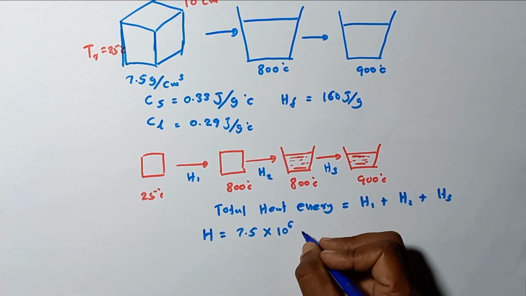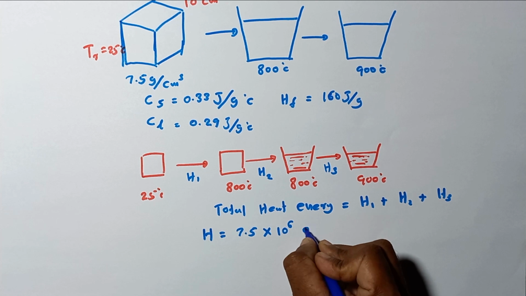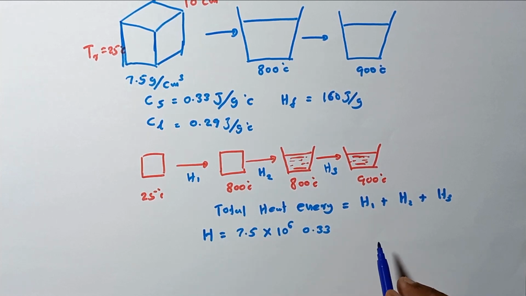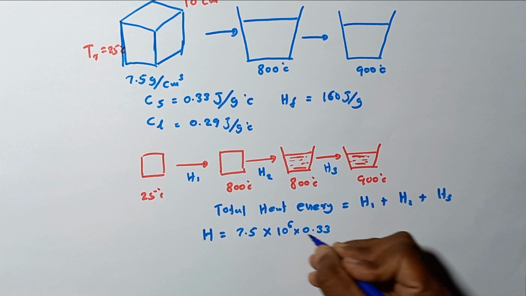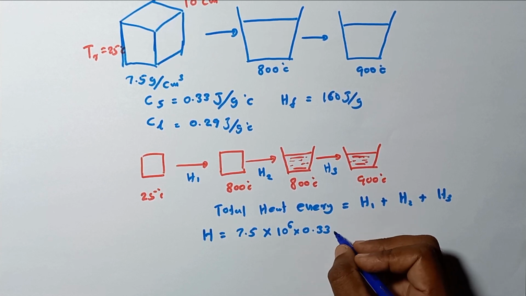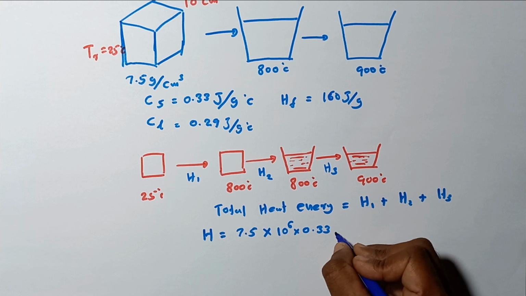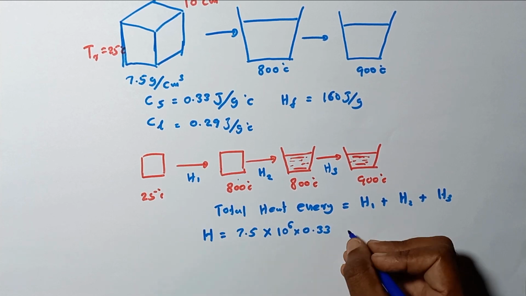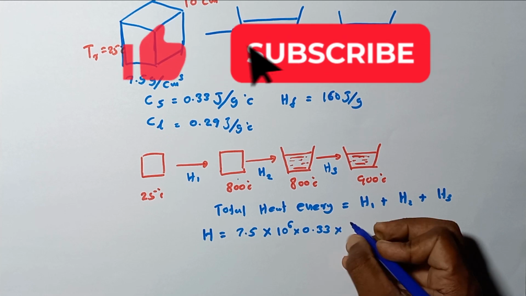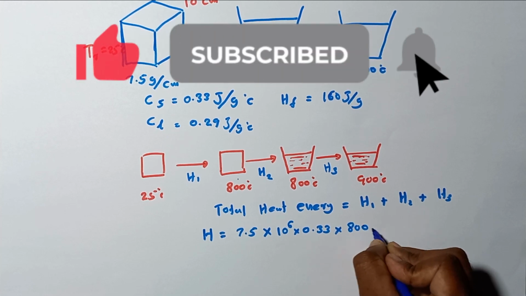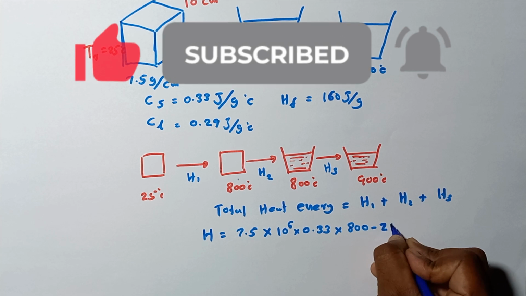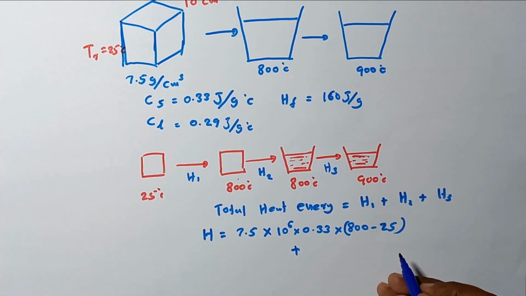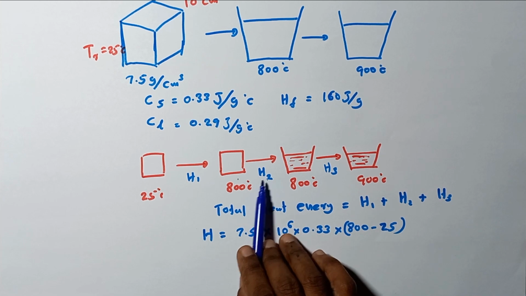Then m c, where the specific heat is given in joules per gram Celsius, delta theta. What is the temperature difference to take this from 25 to 800? That is 800 minus 25.